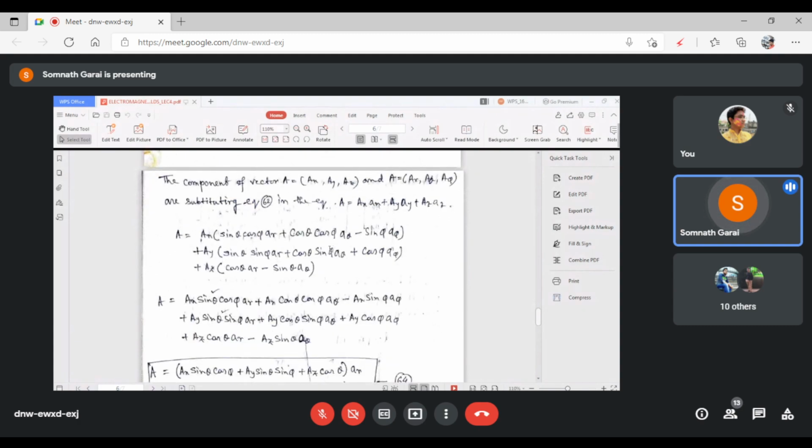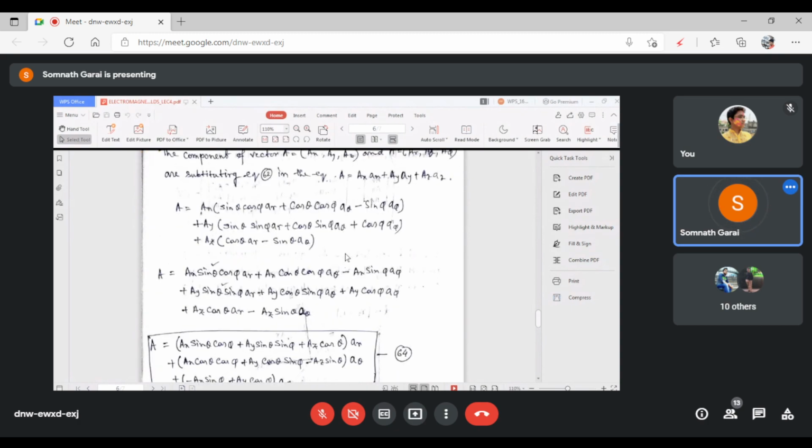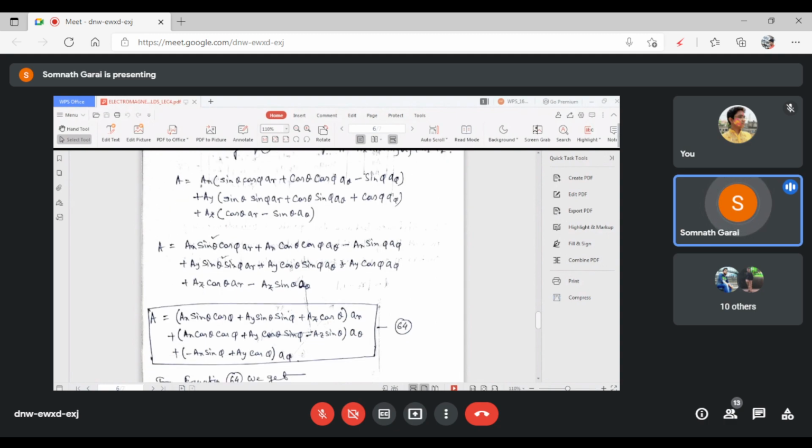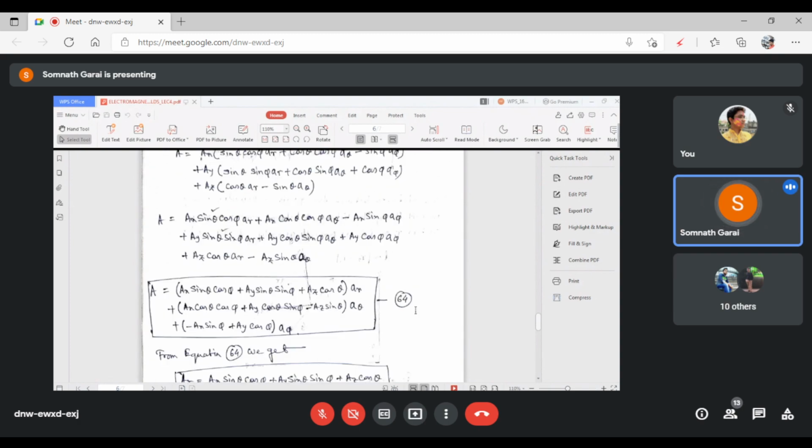Now after multiplying this, we collect the coefficient of ar, the coefficient of a theta and the coefficient of a phi. After multiplying, if we collect the coefficients of ar, a theta and a phi, then equation number 64 occurs.